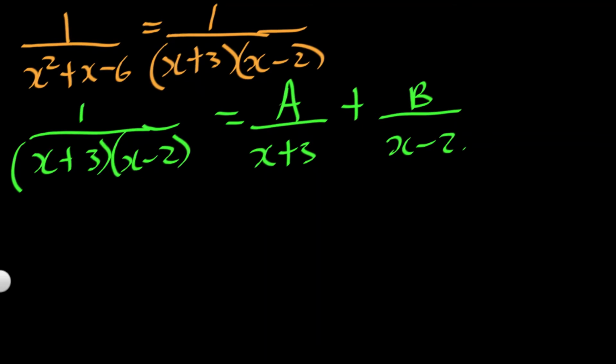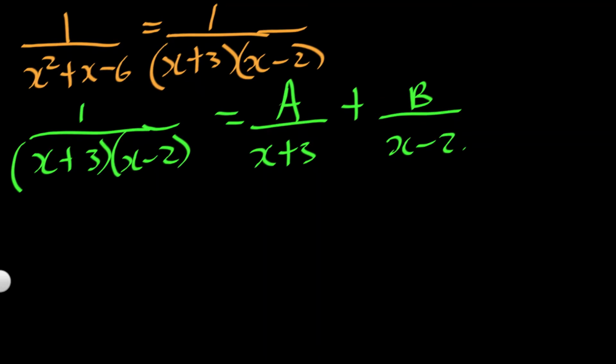If you don't have the right general format, you cannot have the right answer. So from here, we are going to look for A and B, which is what we do. I'm going to use one method, and in fact, I'm going to use two methods. Both of the methods, I'm going to use in this example, and you see what you do.